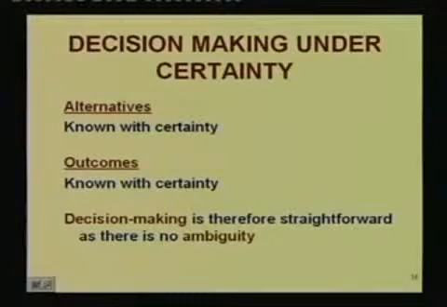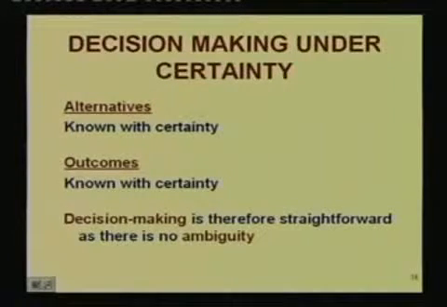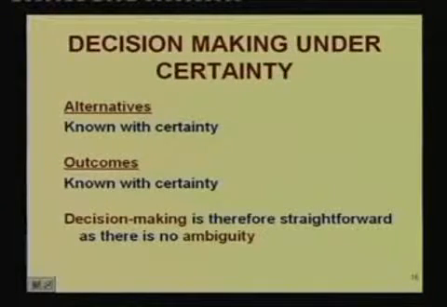Basically the first one, decision making under certainty. Here the alternatives are known with certainty, the outcomes are known with certainty, and the decision making is straightforward as there is no ambiguity. It's a situation where both the alternatives and outcomes are known.